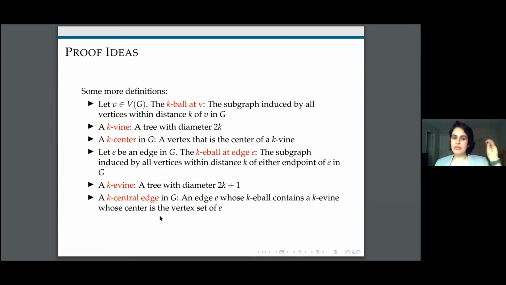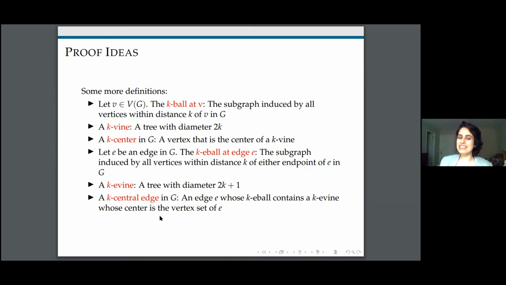Let's say we fix a vertex V in a graph G. The K-ball at V, where K is some integer, is the subgraph induced by all vertices within distance K of V in that graph. Following the botanical theme of trees, forests, leaves, we decided to call a tree with diameter 2K a K-vine.